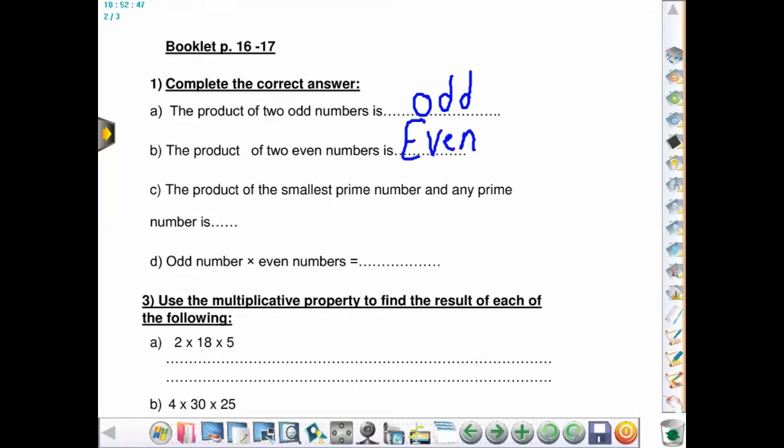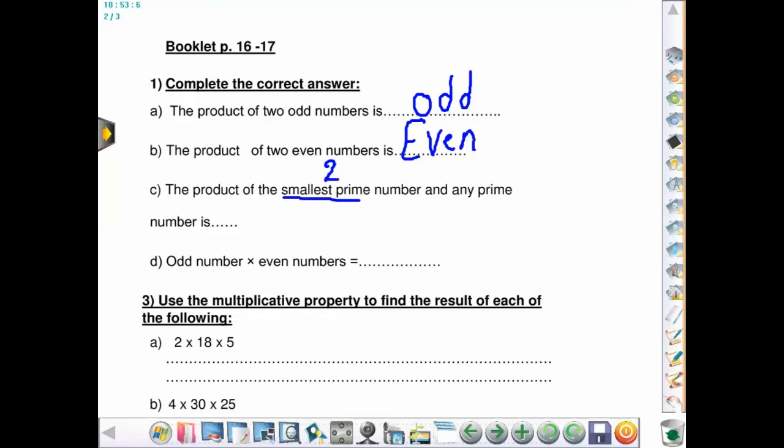Letter C, the product of the smallest prime number and any prime number. Who can tell me what is the smallest prime number? The smallest prime number here is 2, and by the way, it's the only even number in the prime numbers.